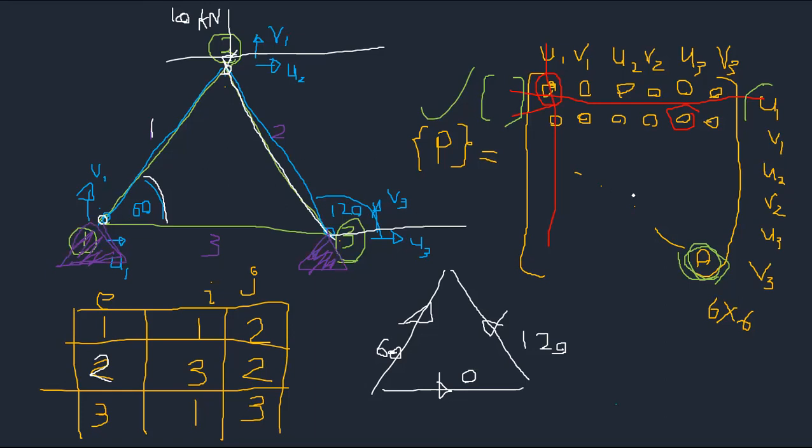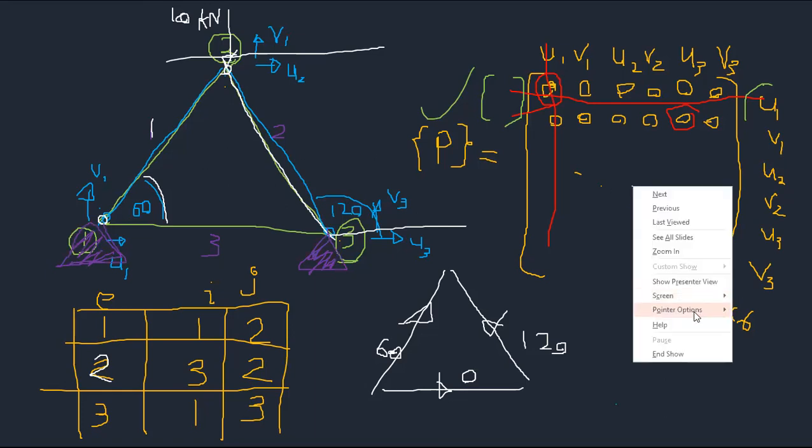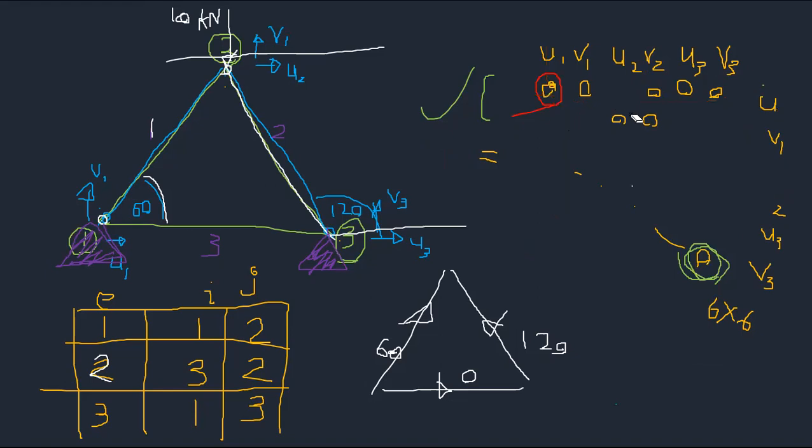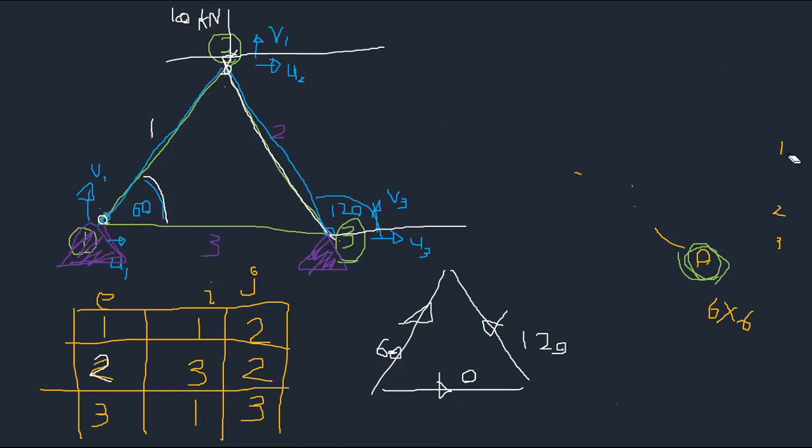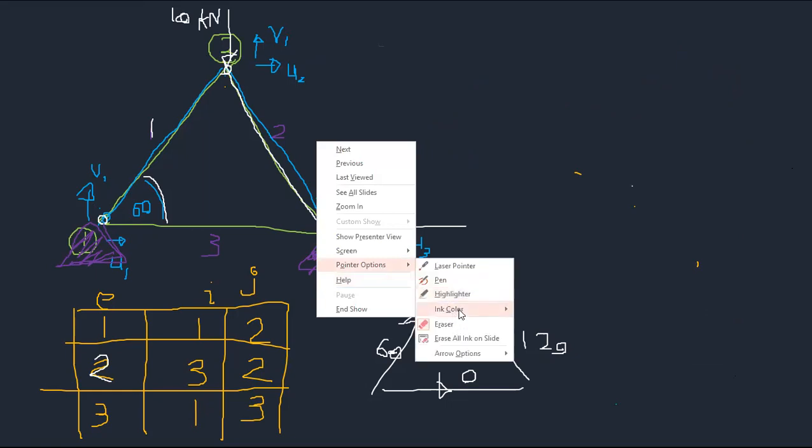So what you need to do is just erase this. P1, P2 are the nodal forces at this location, P3, P4, P5, P6, right? I'll write those as well.